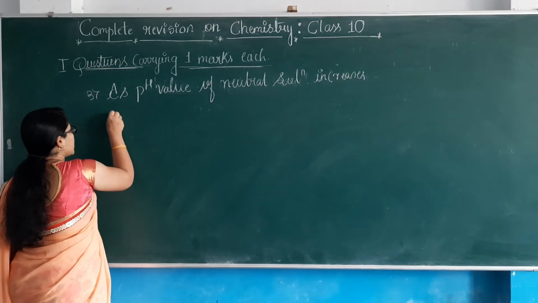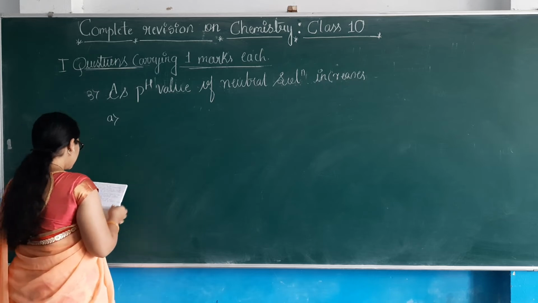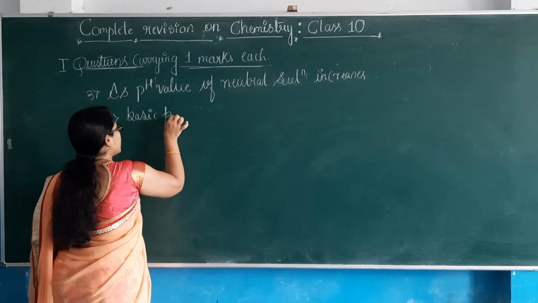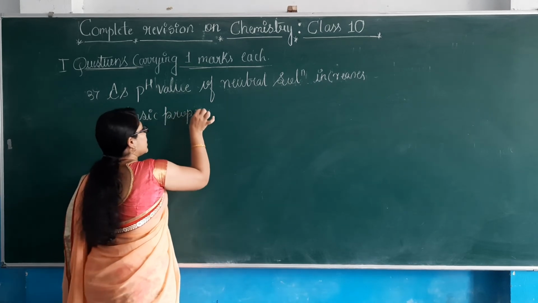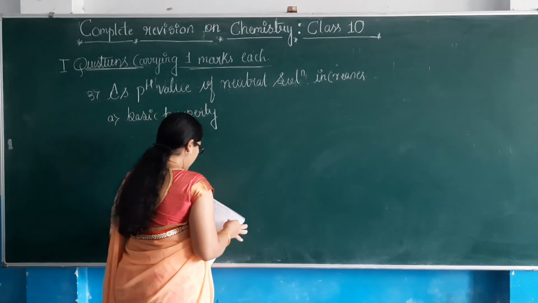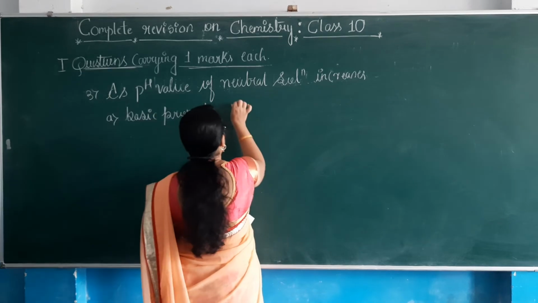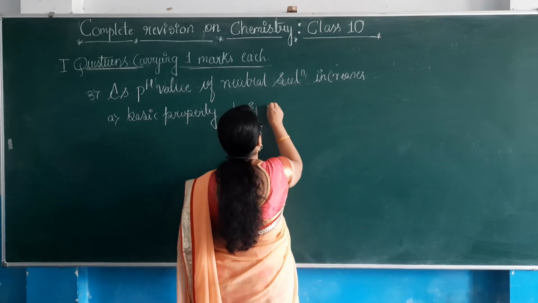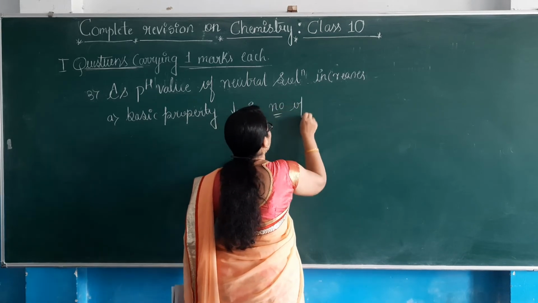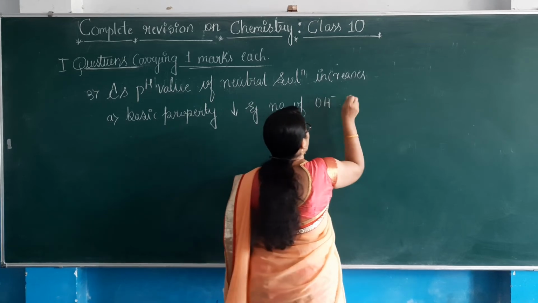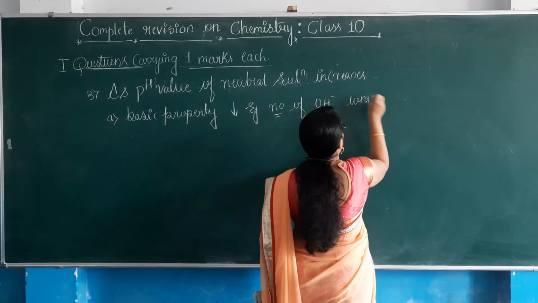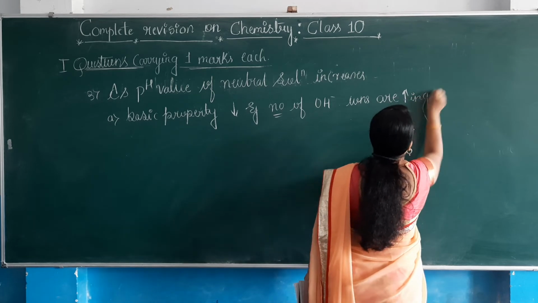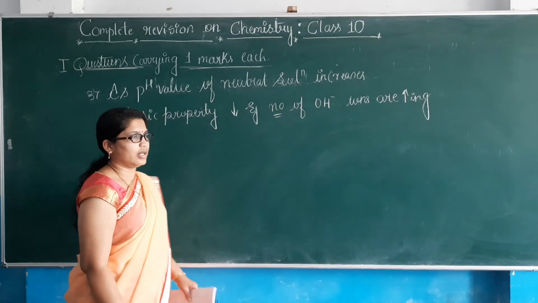What is the first option? Option A: basic property is decreasing and number of OH minus ions are increasing.